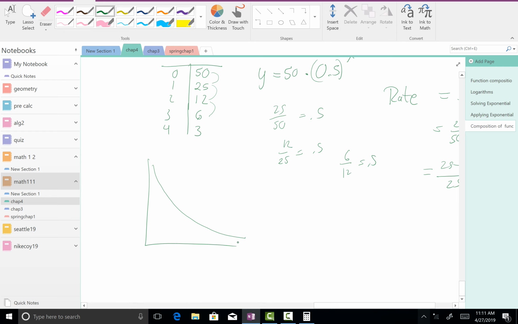But mathematically it does not. It's always going to hang above that zero. And in the book, they call that a horizontal asymptote, but I'm never going to ask you that, so don't worry about that too much.